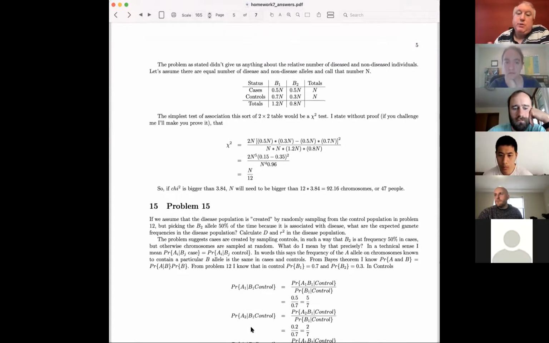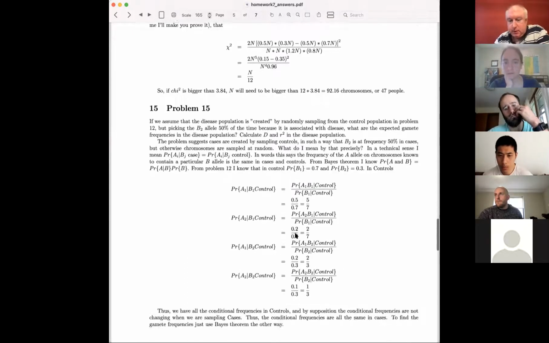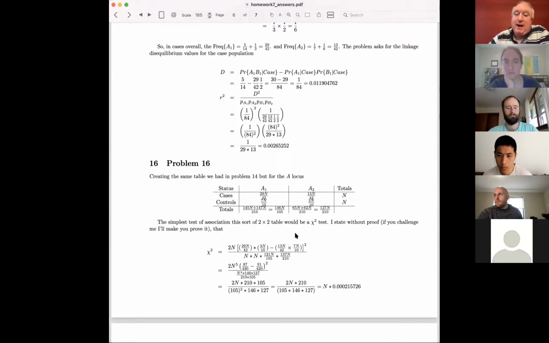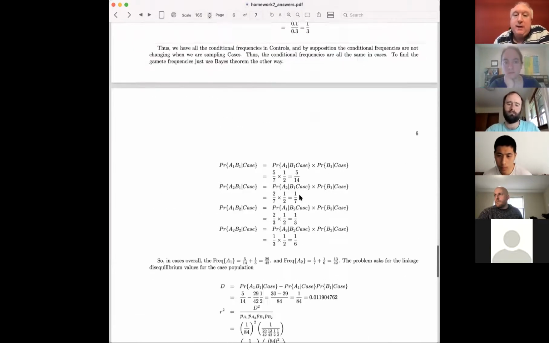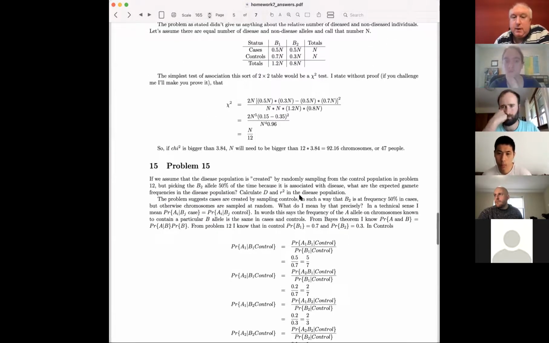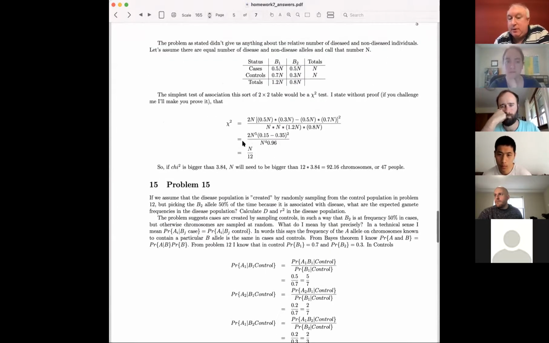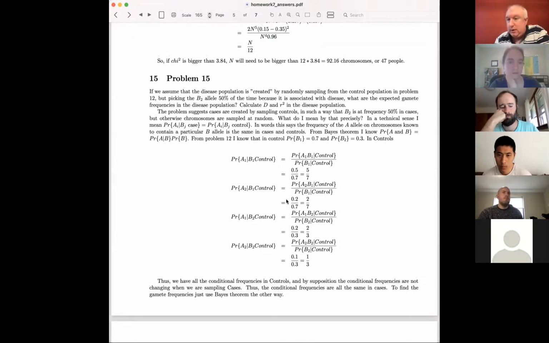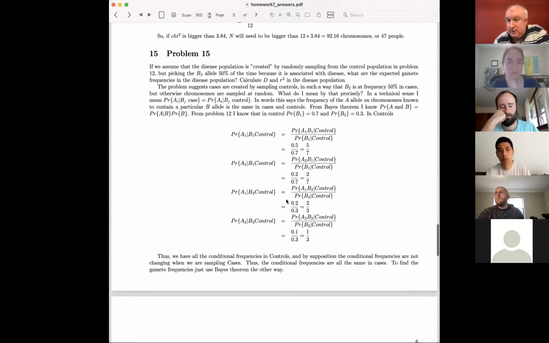If I don't test the B2 allele, I don't test the thing that is directly causative of disease, but instead test something else, the chi-squared value I get from testing something else other than the disease allele turns out to be roughly the chi-squared value at the disease allele times r squared between the disease causing thing and what I tested.